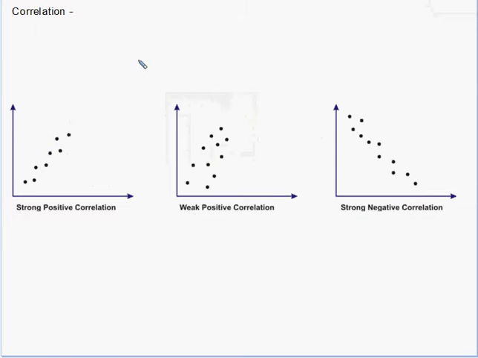The technical term for the relationship between the numbers is a correlation. So when two sets of numbers or data have a relationship, it's called a correlation.